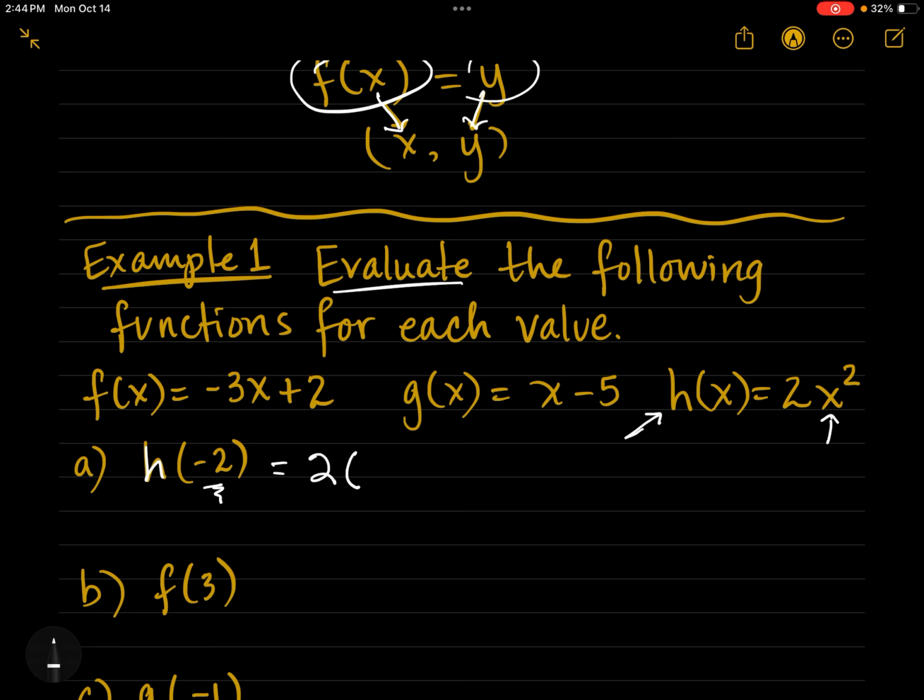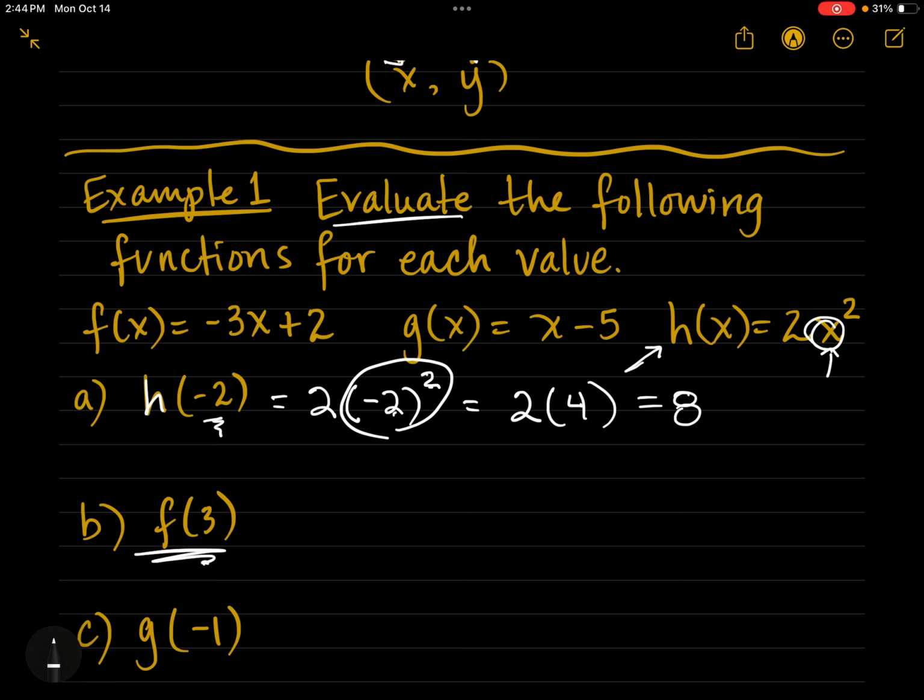So this would simply be 2, and put the -2 in place of the x, but I still need to put the square on here. You could use a calculator or rely on order of operations. Exponents go first. -2 times -2 is 4, so you get 8.